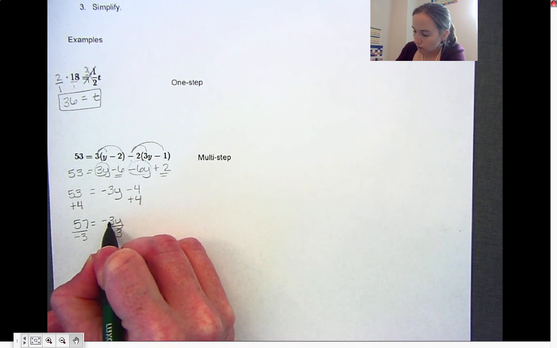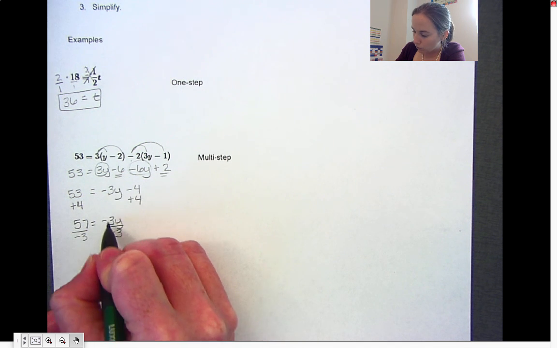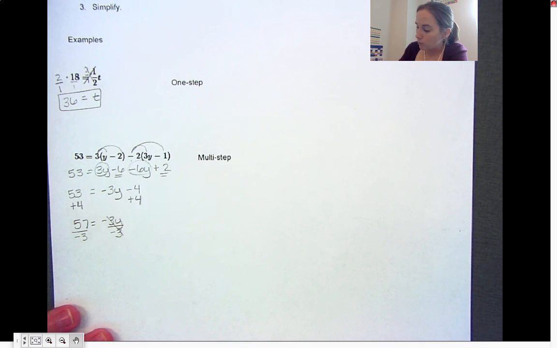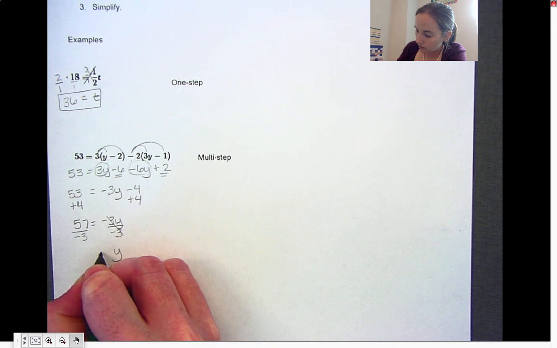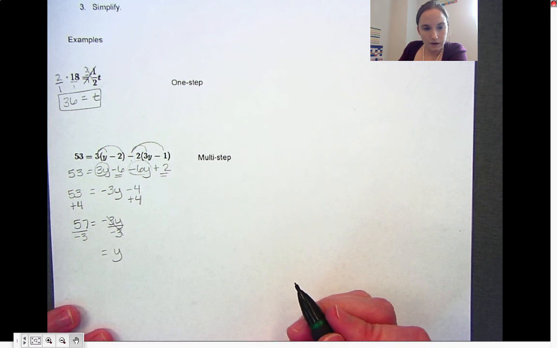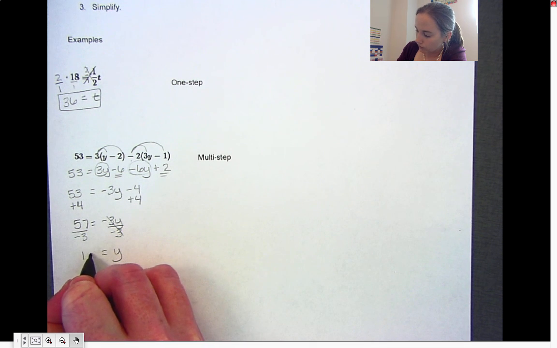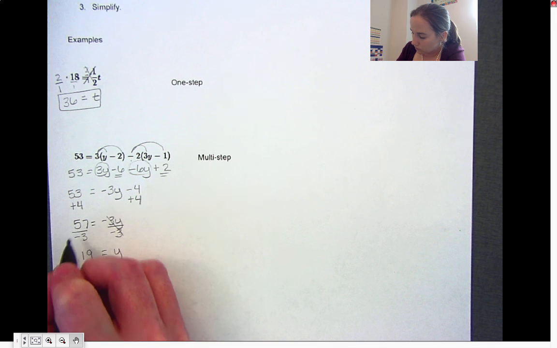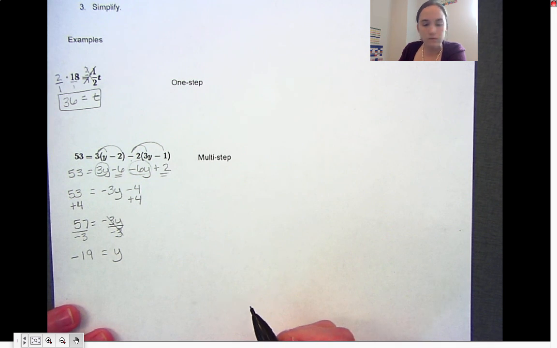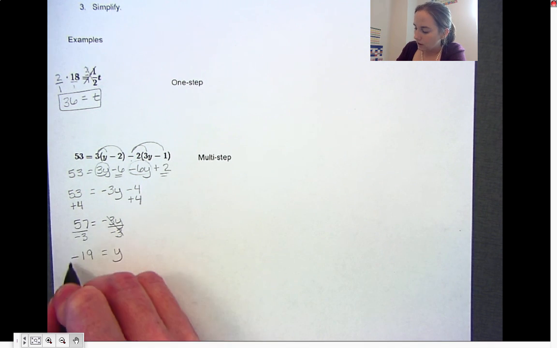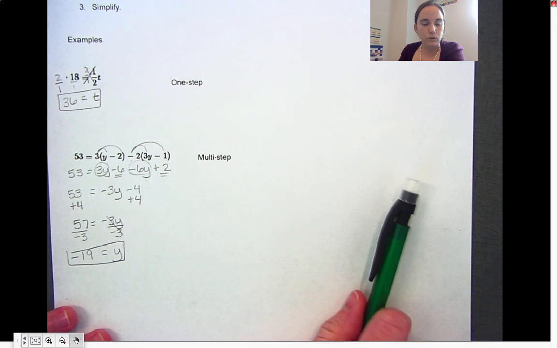The negative 3 divided by negative 3 makes 1, and we will just be left with 1y, which is just y on that side. And if we divide 57 by 3, 3 will go into the 5 one time, 2 left over, 19, and so positive divided by negative, negative 19 is equal to y.